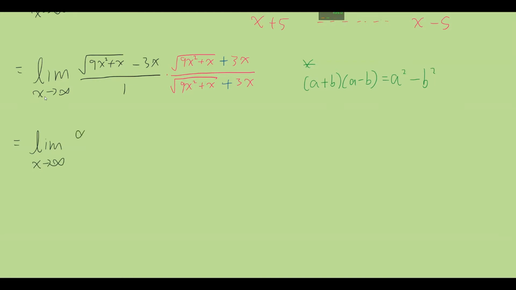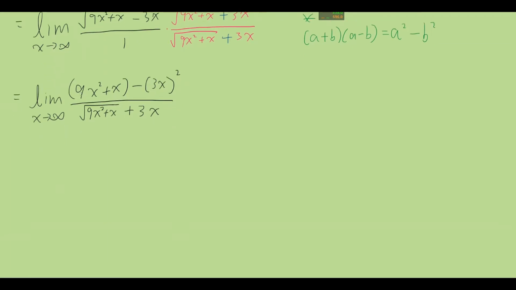That will be 9x squared plus x, minus b squared. B is 3x, so 3x squared. Over, and in the denominator, we just have 1 multiplied by the square root of 9x squared plus x plus 3x. All right, so let's clean up the numerator a little bit.